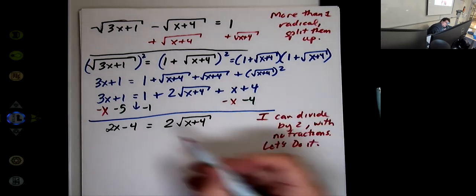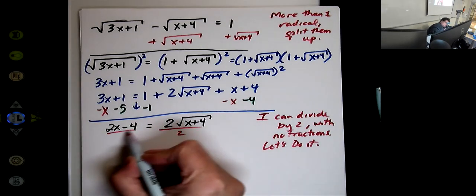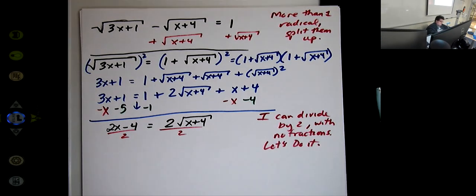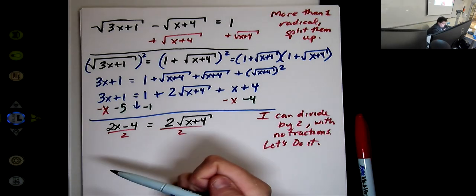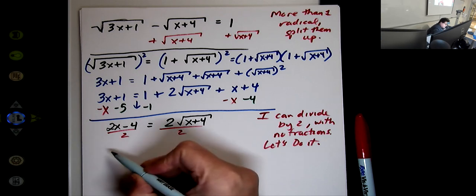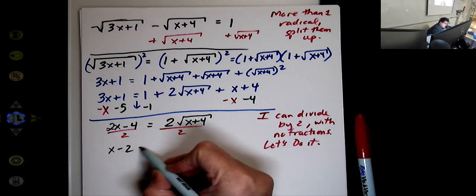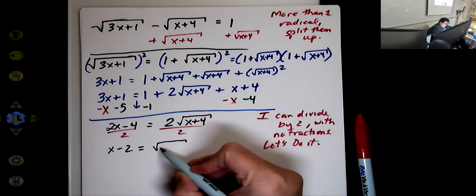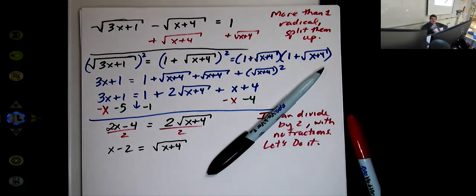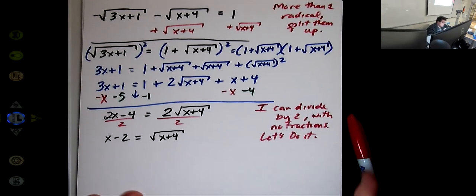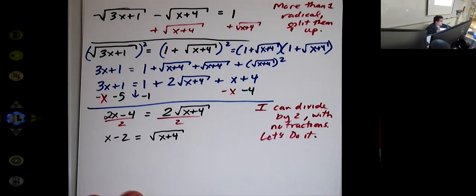So if we divide both sides by 2, what do I get on the left? I get x minus 2, right? And now I have the x plus 4 with the square root. And guess what we get to do again?